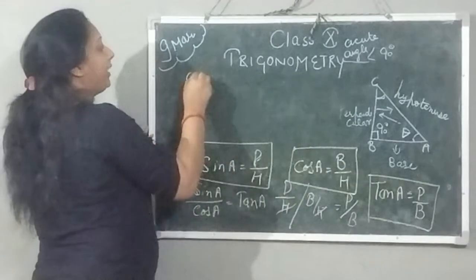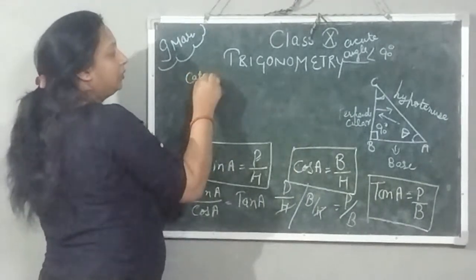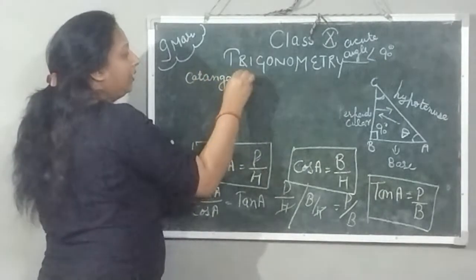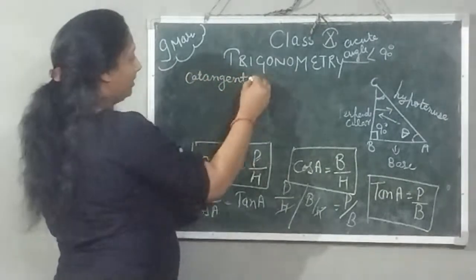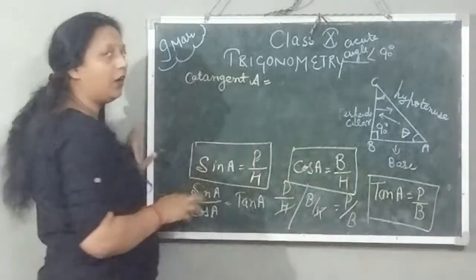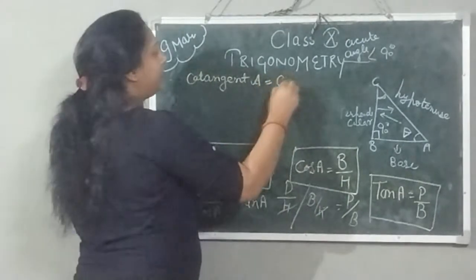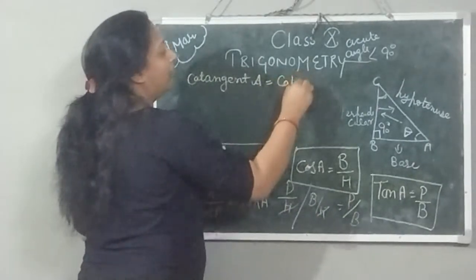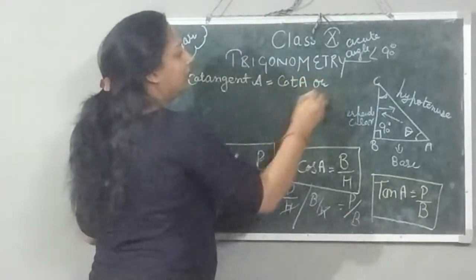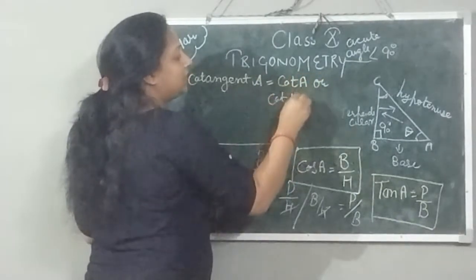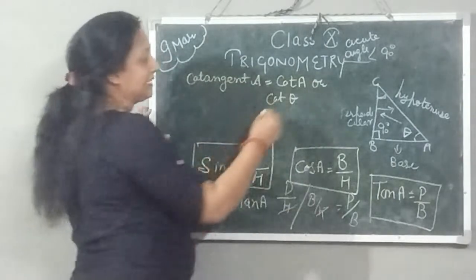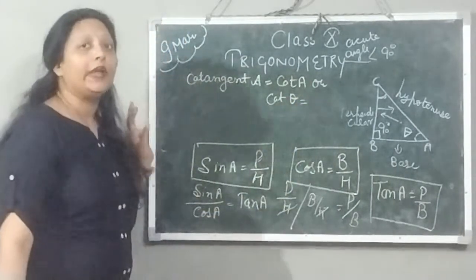After that I am going to tell you about cotangent. You can write it like cot A or cot theta. What is the value of cotangent A? It is the reciprocal of tan theta.